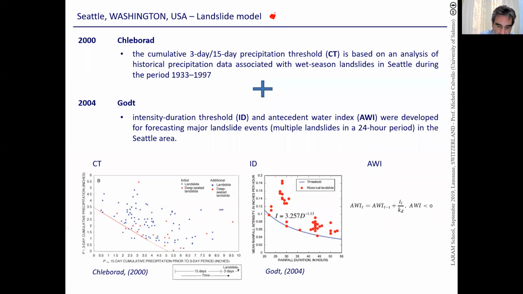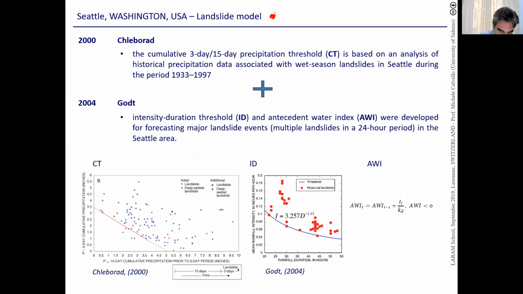In 2000, the 3-day and 15-day precipitations were considered, then based on some analysis of data, in the area that they analyzed, in 2004 two additional components were included in the landslide model: the intensity duration threshold and the antecedent water index.